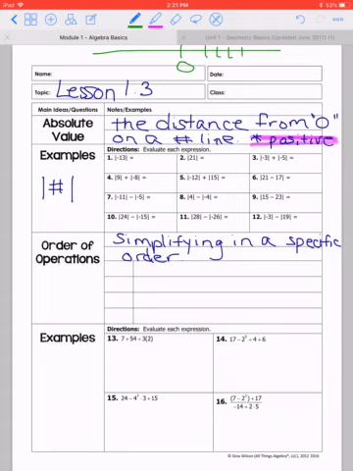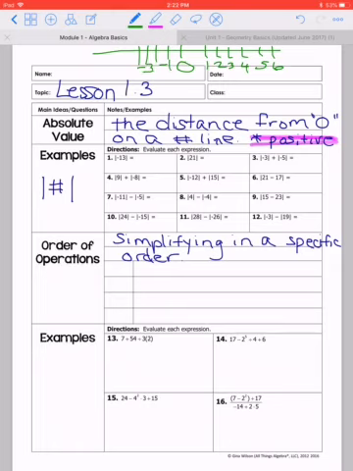As I move to the right, that would be positive numbers, so like 1, 2, 3, 4, 5, and so on. And as you move backwards or to the left, that's where you get your negative numbers. So like -1, -2, -3, and so on.